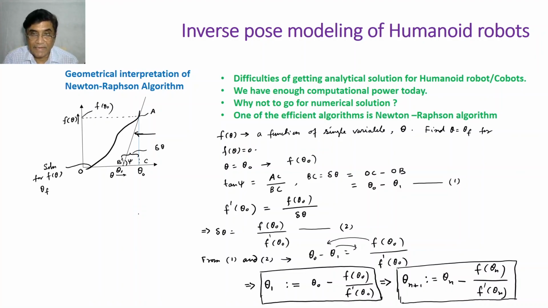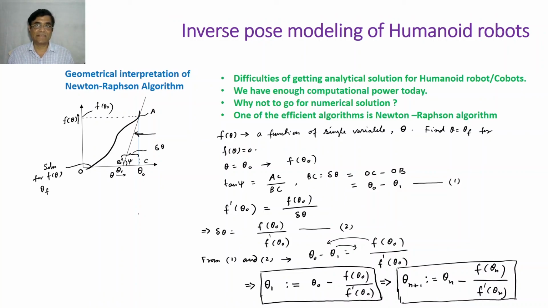If we are satisfied, or the situation demands, that we will be happy with one solution only, then in those cases with this constraint we will be able to use the Newton-Raphson algorithm to find the inverse kinematic solution of any humanoid robot.